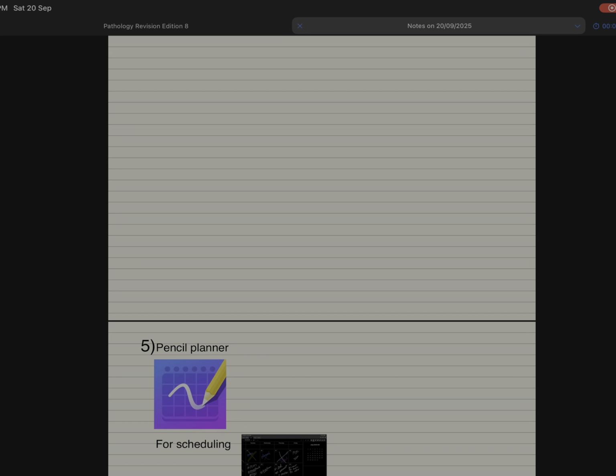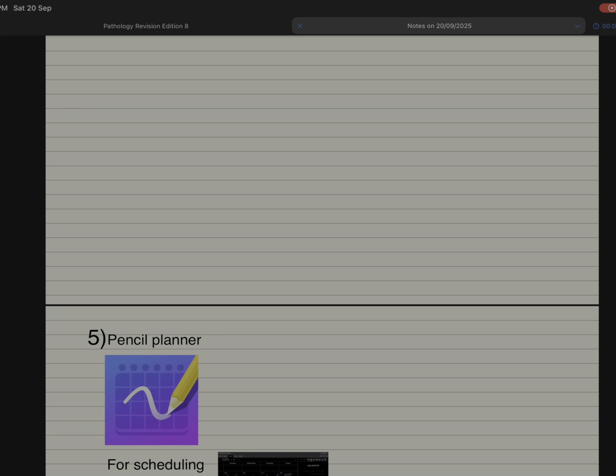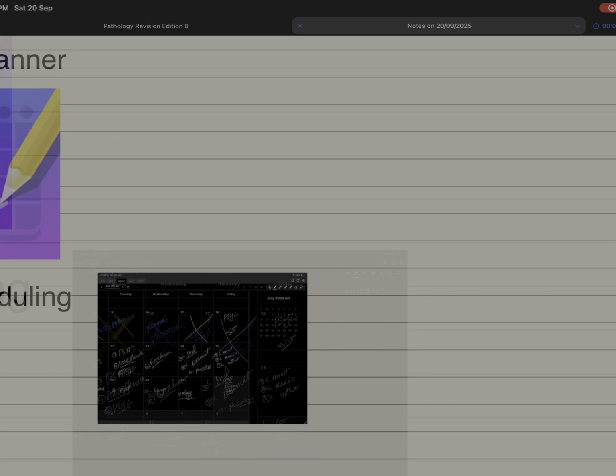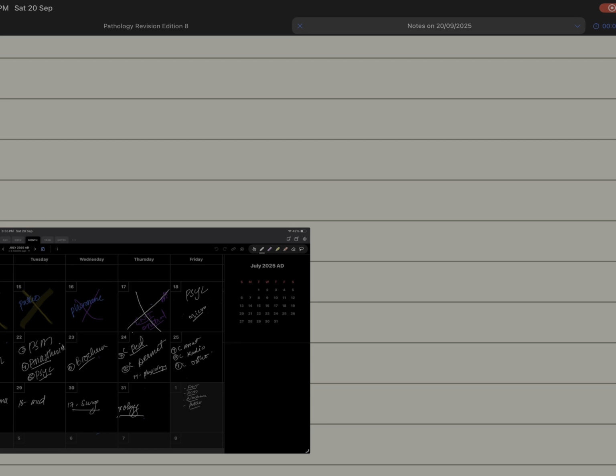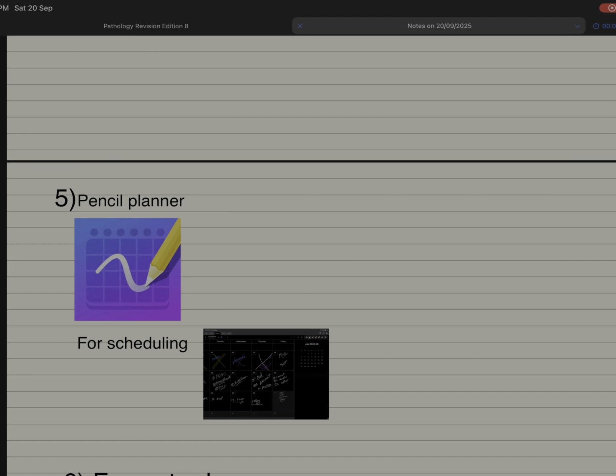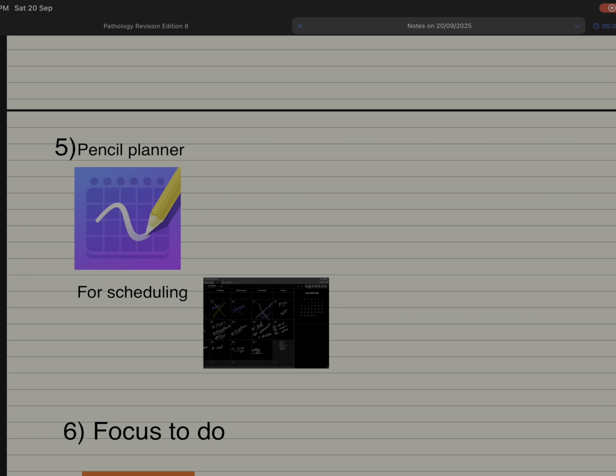So that's when I started using this app called Pencil Planner, and you can schedule it monthly, weekly, or daily. I think it really helped me to reduce the clutter in my notebook.